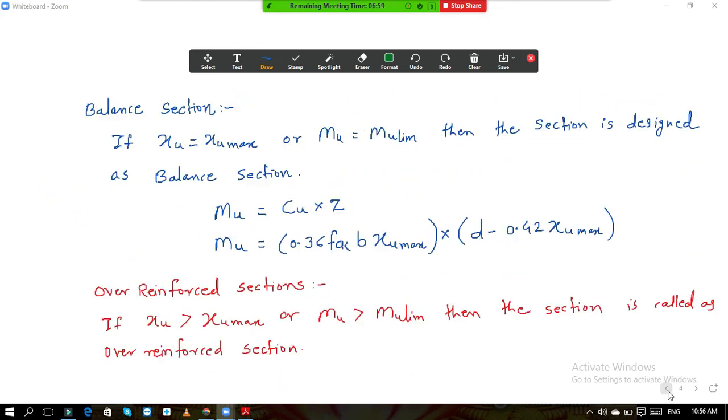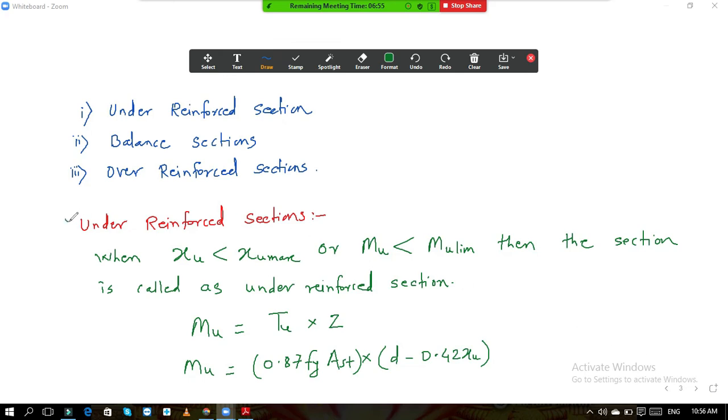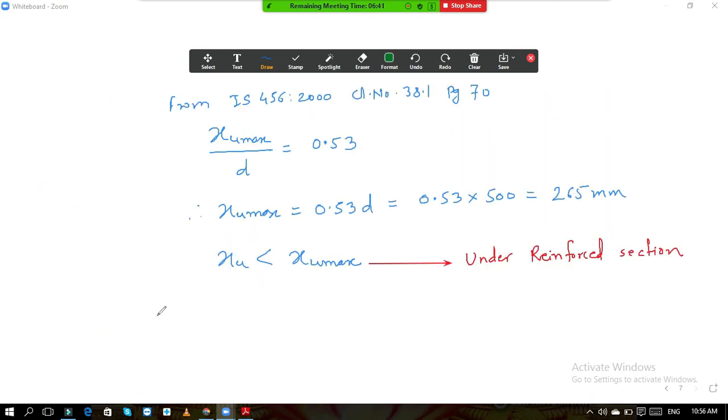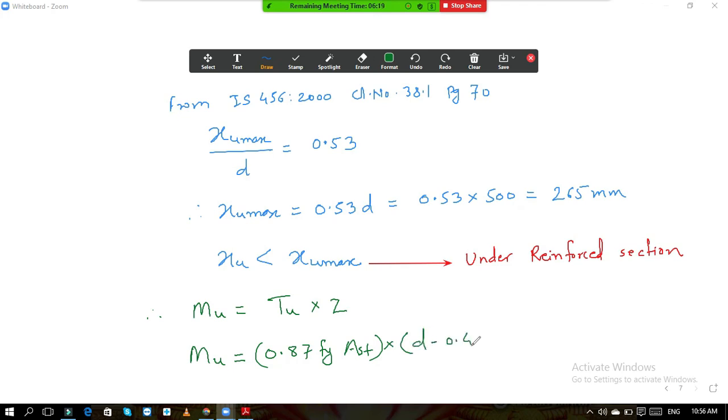For an under reinforced section, MU is equal to TU into Z. Here TU is 0.87 fy Ast, and Z is d minus 0.42 xu. Just put the values.